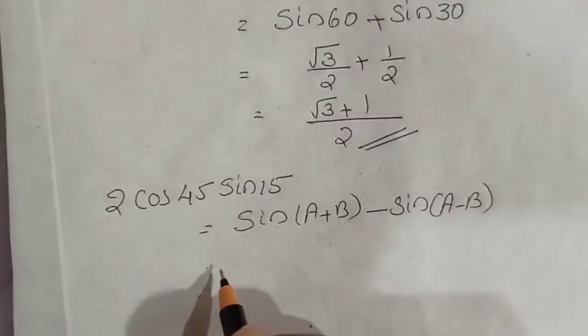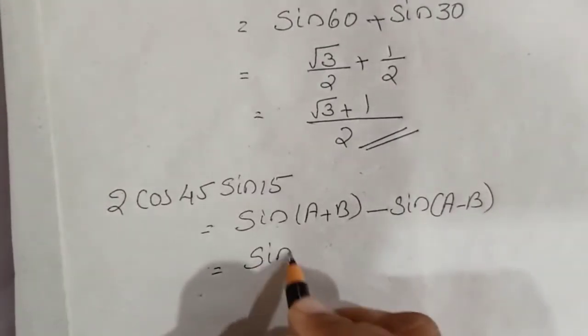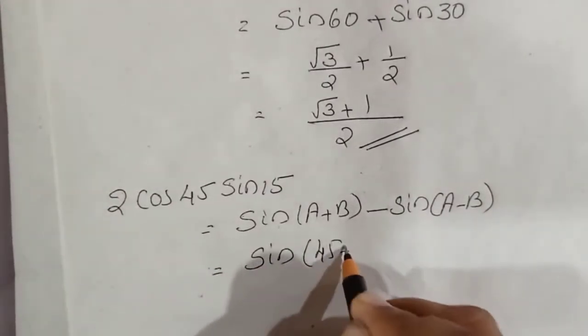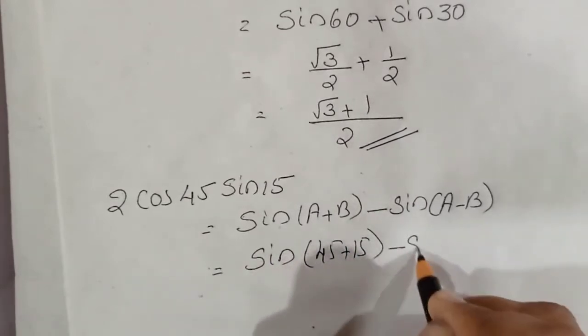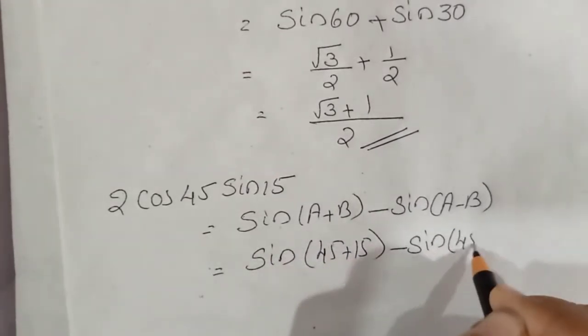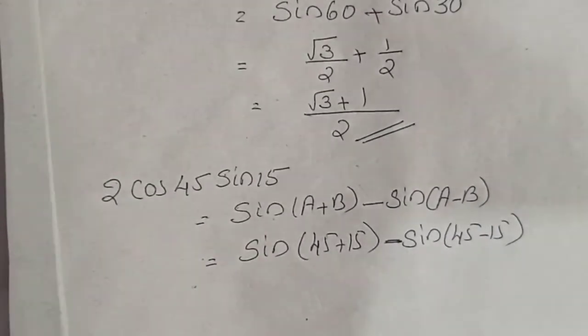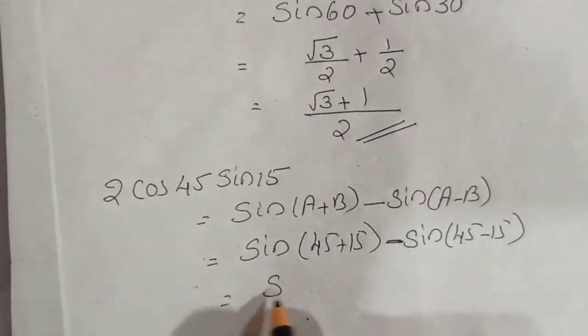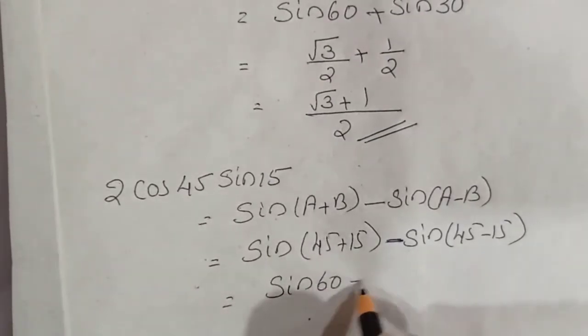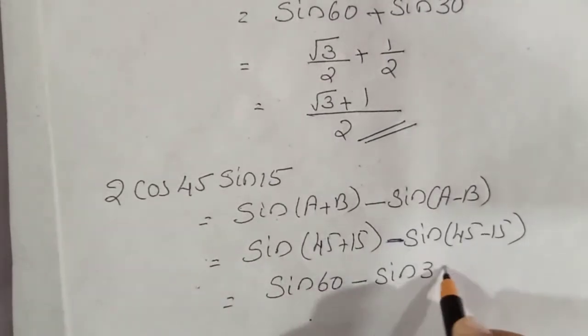Okay, then what is sine sum? Sine 45 plus 15 minus sine 45 minus 15. Here only change is the middle sign. Middle sign, now it is minus. Therefore, sine 60 minus sine 30.